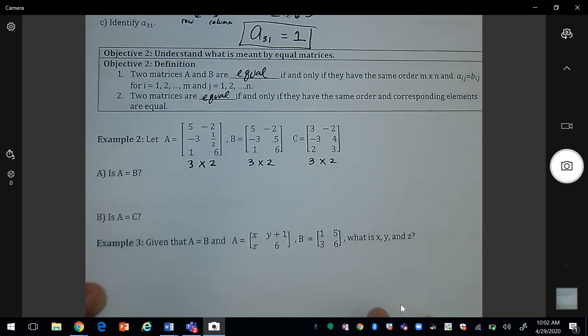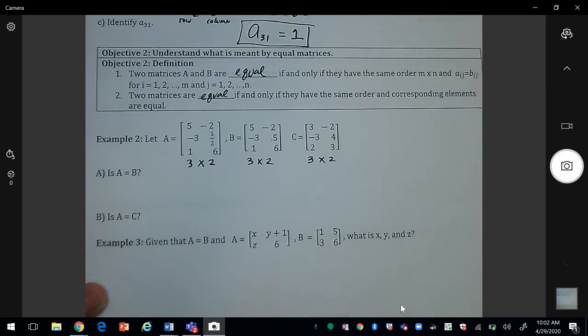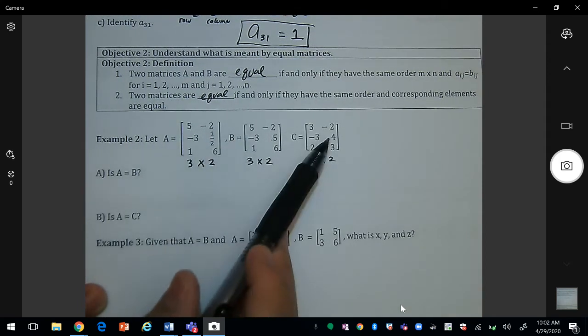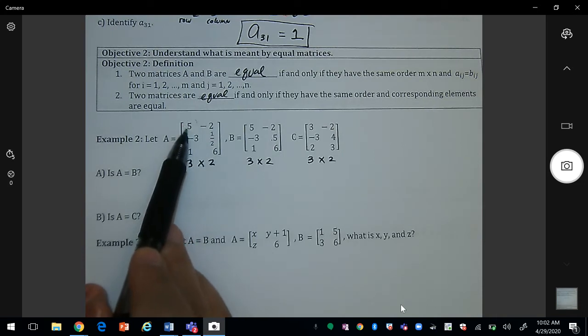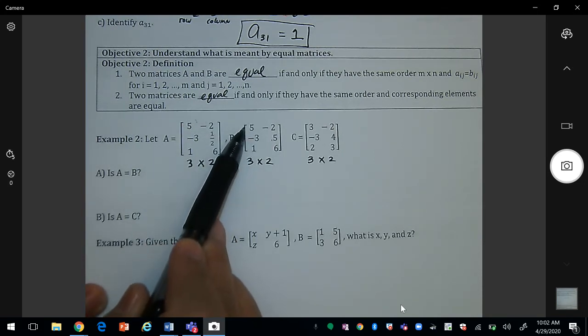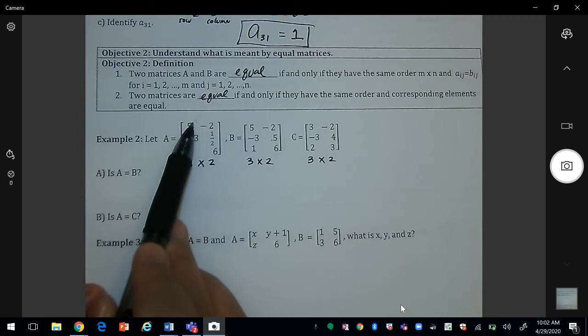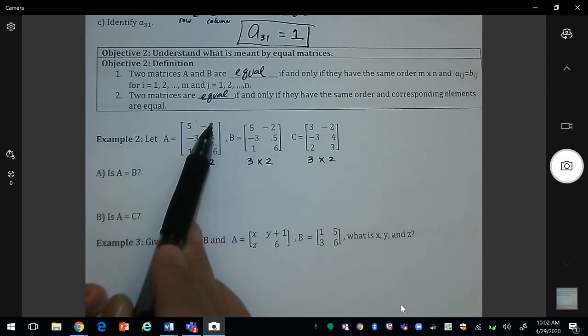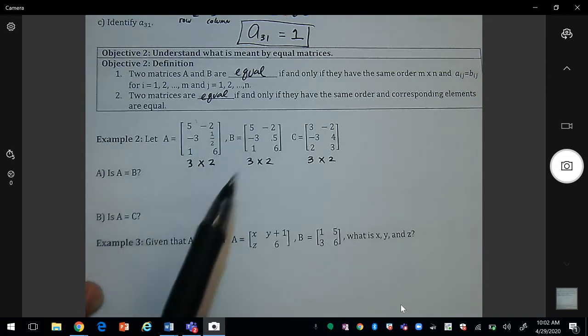So the orders are the same. Now the second condition in order for them to be equal is that the corresponding entries should be the same. In other words, this 5 has to be the same in the second matrix. Each one of those has to be exactly the same.